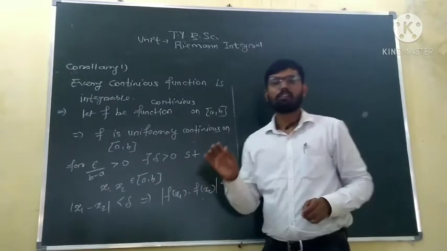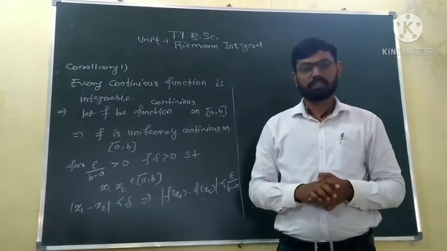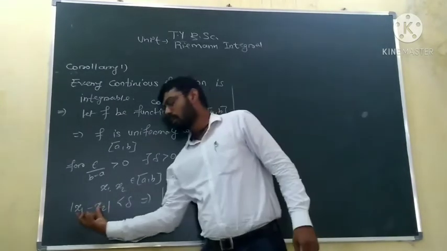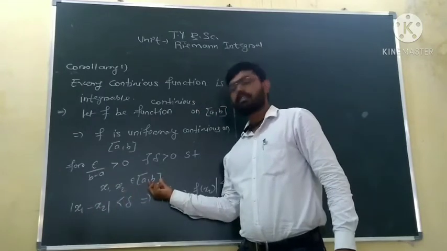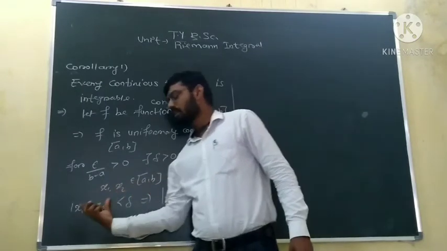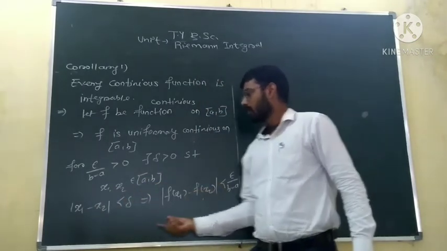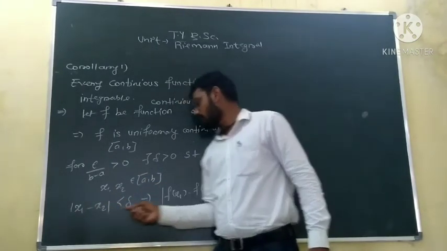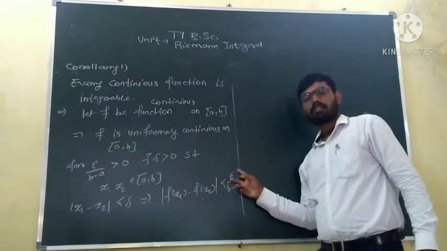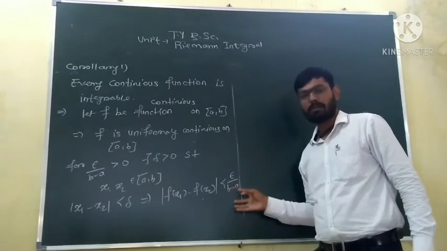This is nothing but the definition of a uniformly continuous function, which says you take any two elements of the interval. If the difference between those two elements is less than delta, then the difference between the values of the function at x1 and x2 is also less than that positive number, epsilon upon b minus a.